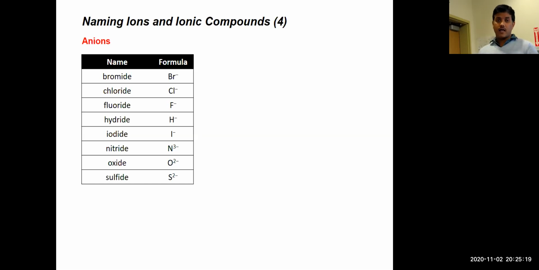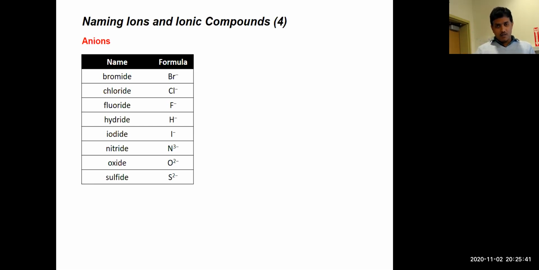And if it is anions, and anions are not many, these are mostly all the anions that we have. So you just need to remember those names. Some of them are very easy to predict, like bromide, chloride, fluoride. You change from bromine to bromide, chlorine to chloride, fluorine to fluoride.